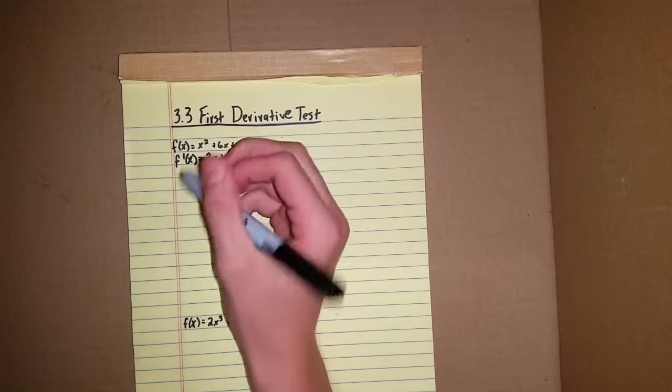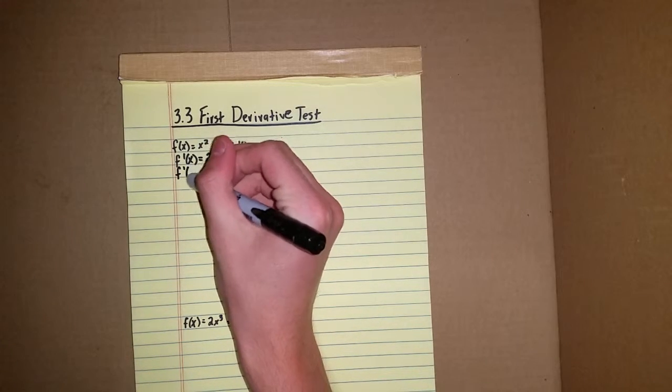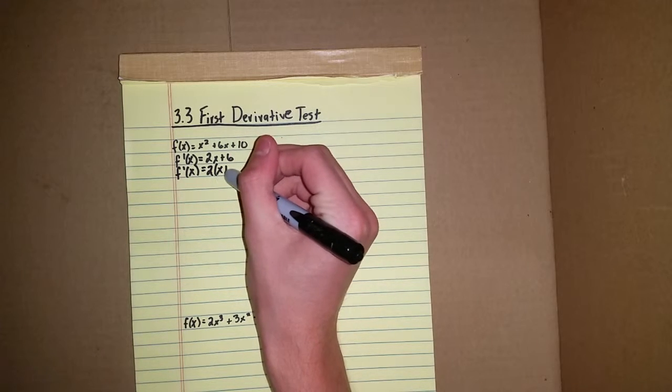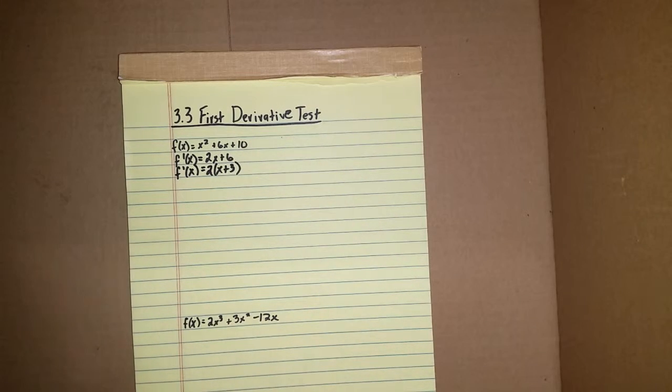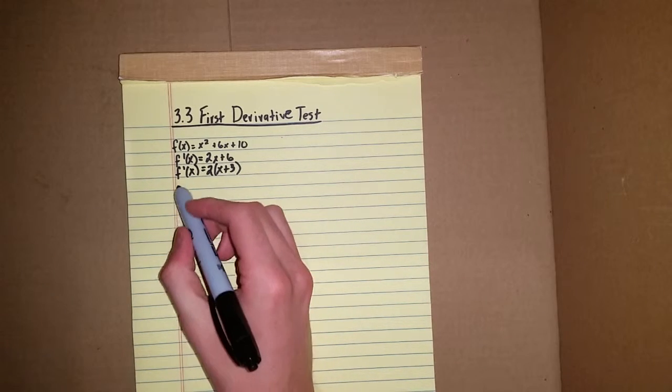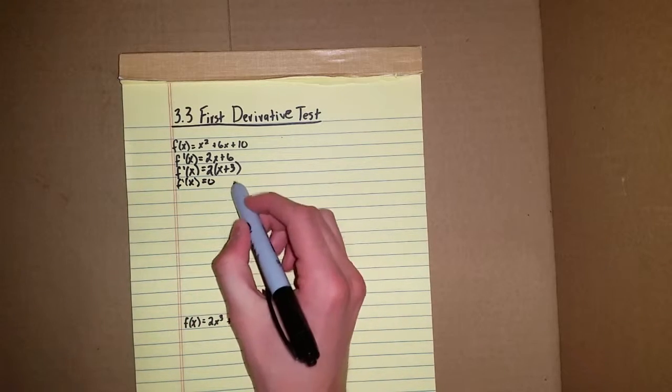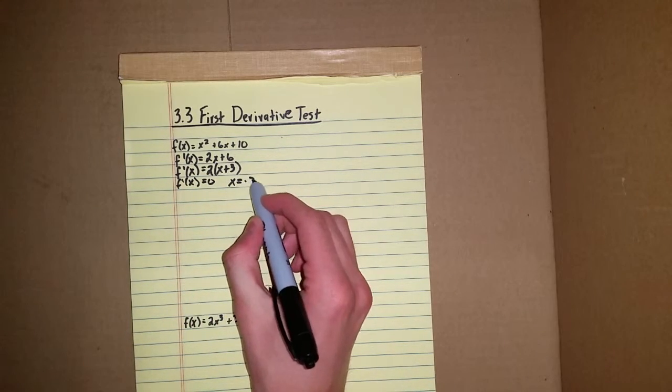So the best thing to do is to factor. So this can be factored to 2 times x plus 3. So we want to set this equal to 0. So when does f prime of x equal 0? Well, it equals 0 when x is negative 3.